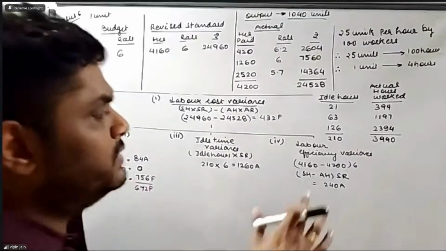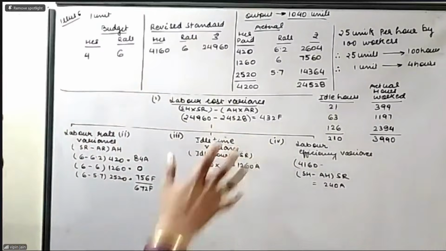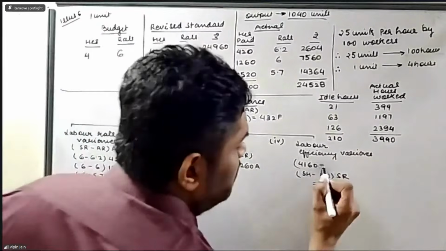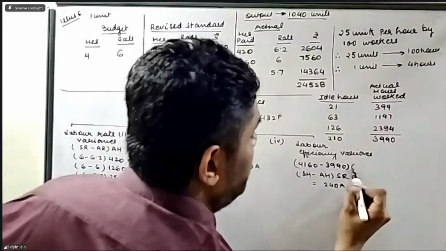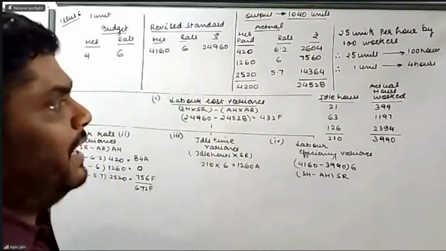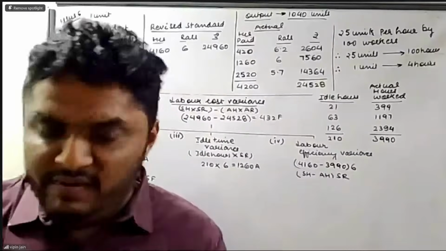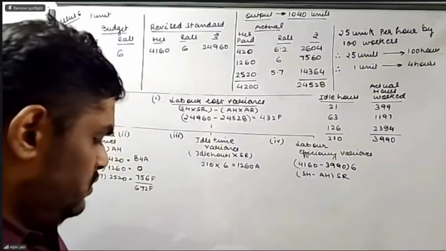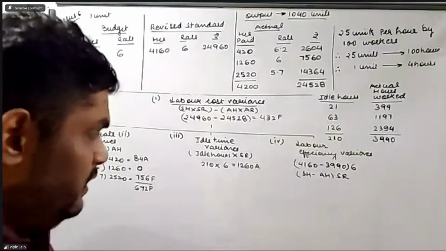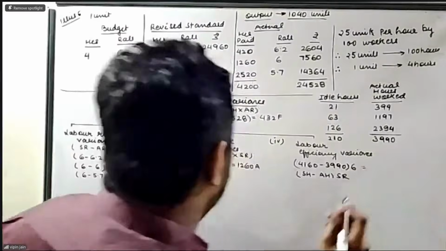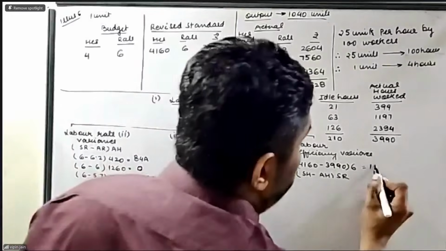One second. Oh, sorry, I made a mistake. Since we have removed the effect of idle hours, sorry guys, 3990 into 6. I skipped this part. Instead of this, I should have taken this. I've discussed this previously also. Sorry guys. 4160 minus 3990 into 6. So this will be 1020 favorable, right? Yes, sorry, it's my mistake.